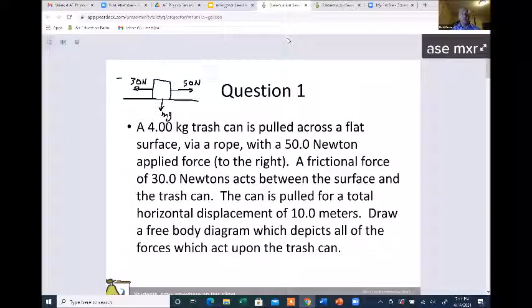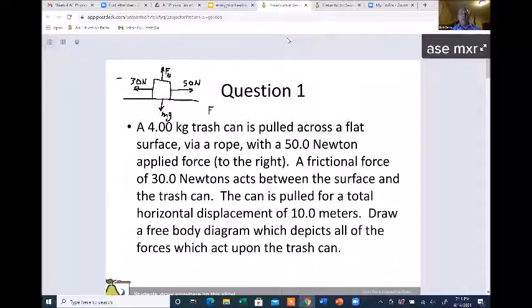If you just joined, go to joinpd.com and enter the code you see on the screen, ASEMXR, and that will get you into our Pear Deck presentation. I just had one more person enter, so if you just entered, please go to joinpd.com and enter code ASEMXR to join our presentation.